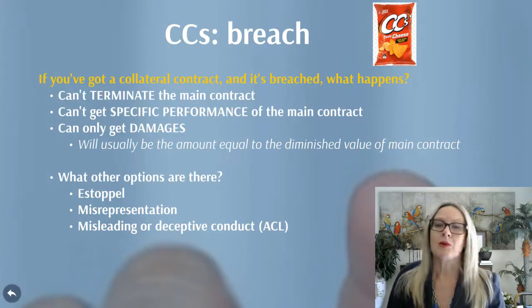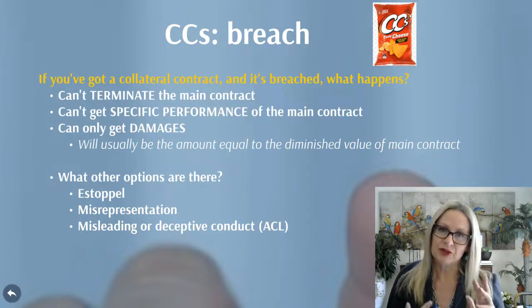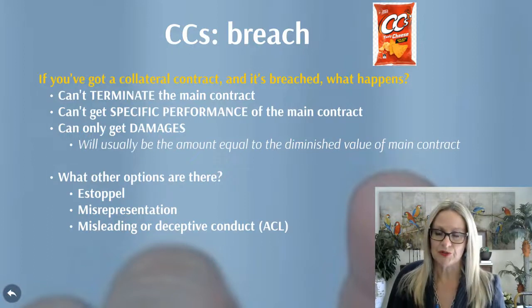As I said at the very top of this video, if you're not successful in arguing that a term should be enforced as a collateral contract, what other options are there? Estoppel is one, and you might also argue some vitiating factors if you want to get some remedies.